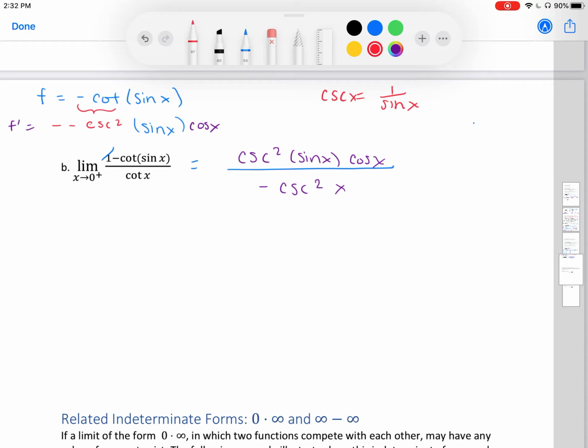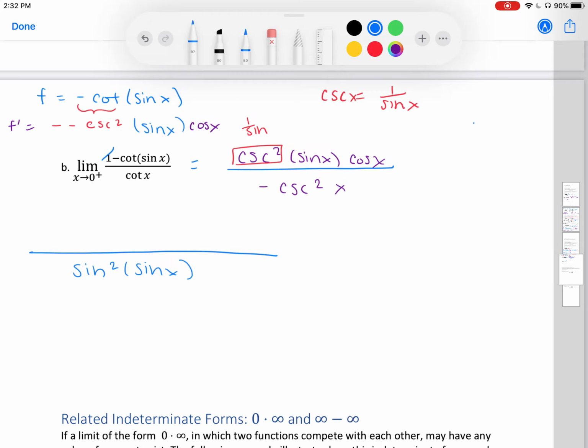So if we think of these cosecants as 1 over sine, I can rearrange them so that first cosecant squared, I'll rewrite as 1 over sine, and therefore it could now be sine squared of sine of x.